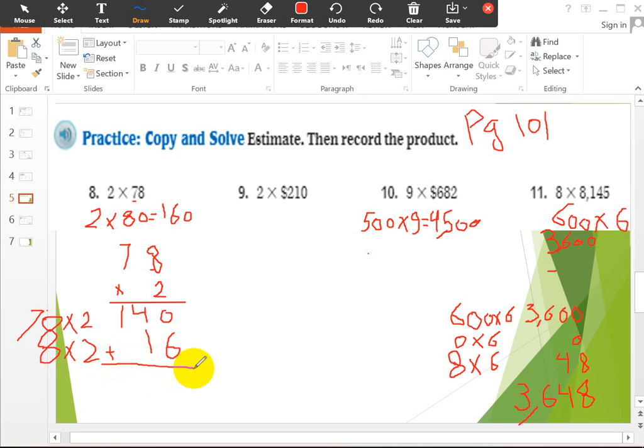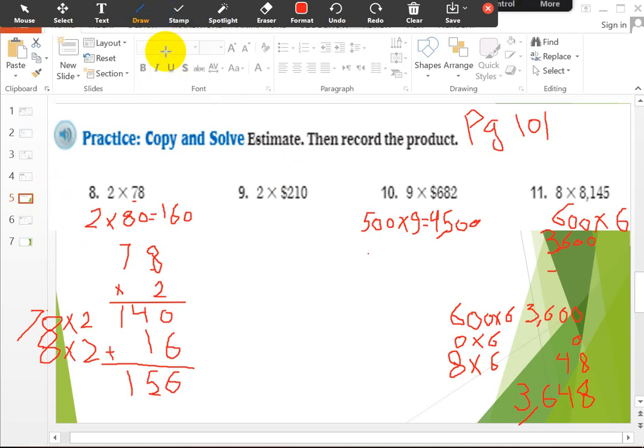Now 0 plus 6 equals 6. 4 plus 1 equals 5. Now there is no number in the hundreds digit here, so I will take the 1 and write it here. So the answer will be 156, close to the estimation.